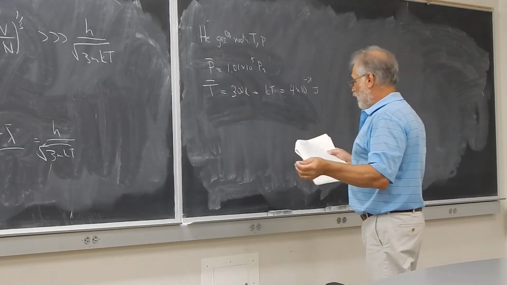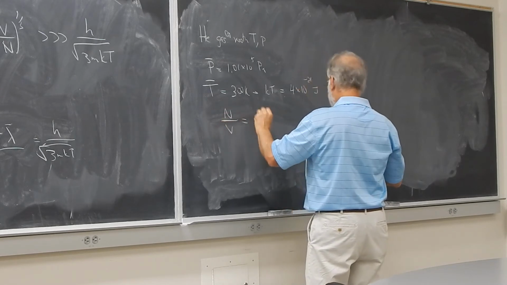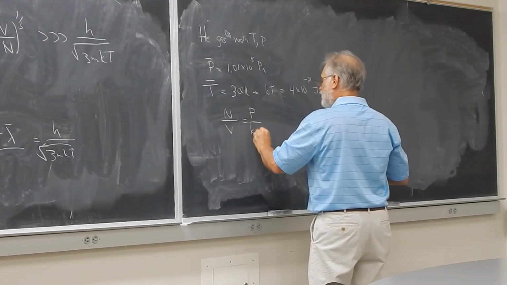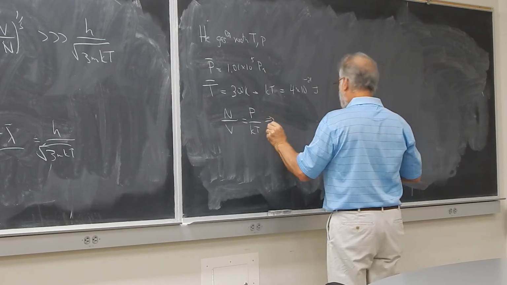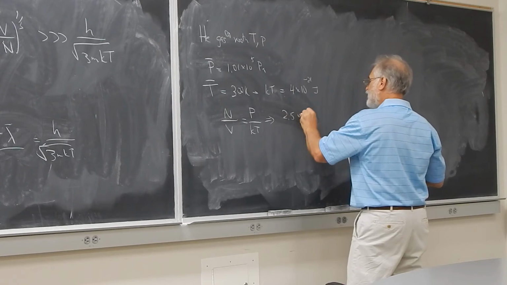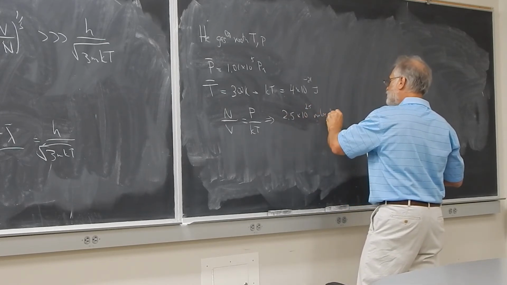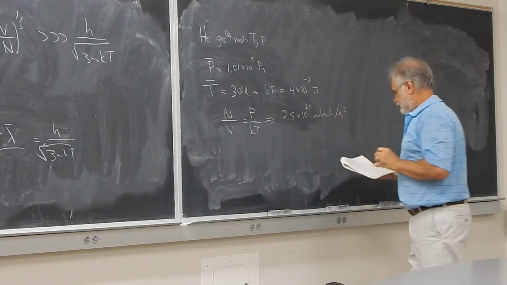I can use the equation of state. N over V then is equal to P over kT. So N over V would give me something like 2.5 times 10 to the 25 molecules per cubic meter.